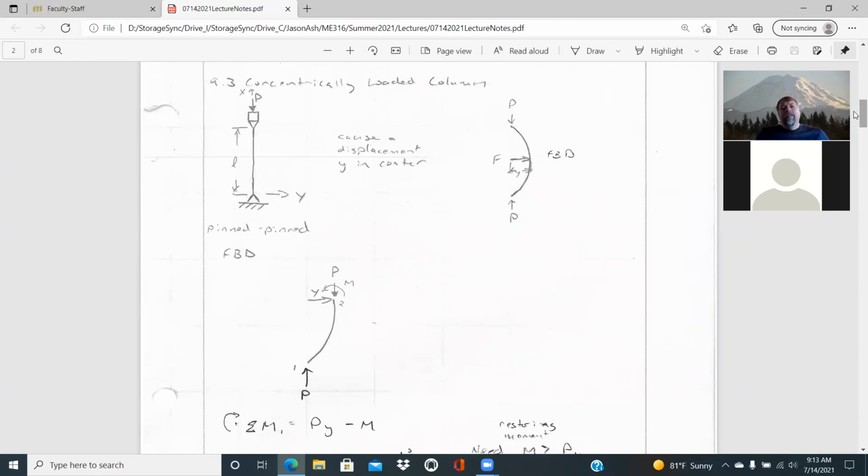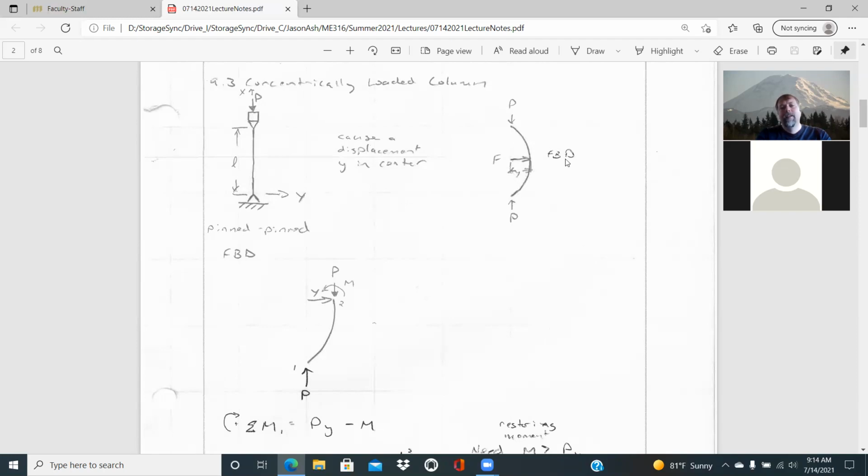And so we can look at just a general definition for a column where it's pinned, and we have a given length of the column L. X will be along the axial direction, Y will be in the transverse or lateral direction, and we have a compressive load P placed on here. And if we cause a displacement Y in the center, say we place a force on there, and it causes a displacement in the Y direction, we would still have our vertical forces and a reaction of our axial load acting on that.